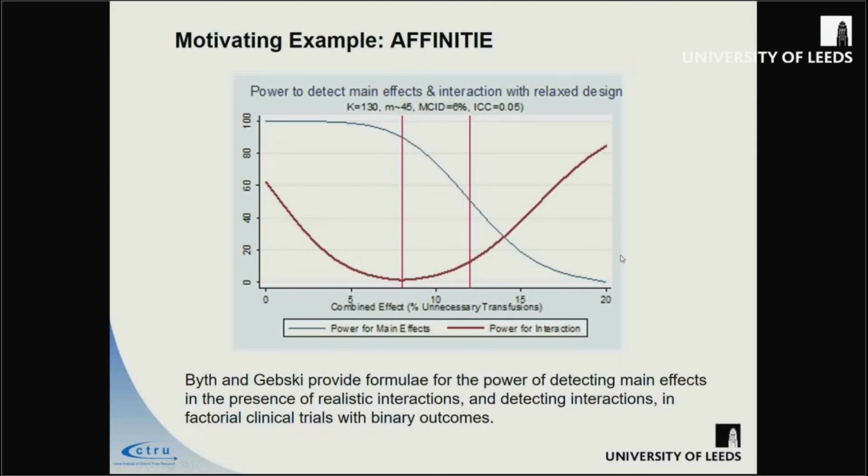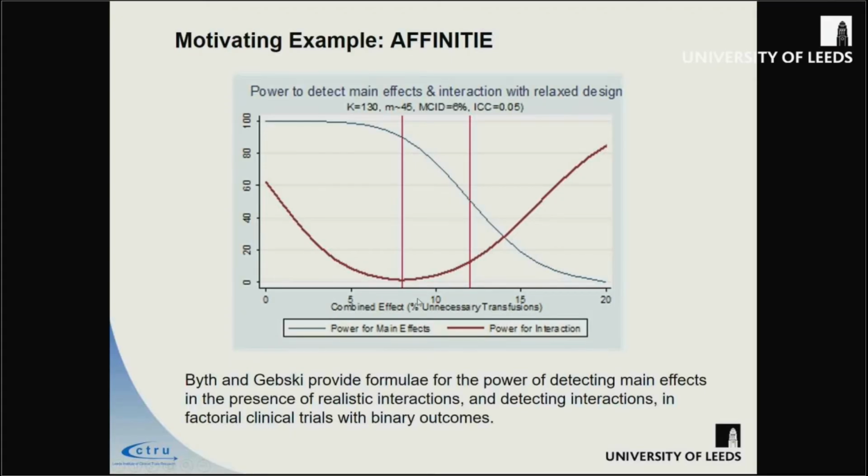So we framed it in terms of what the proportion of unnecessary transfusions was in the enhanced group, and if it was equal to 8%, there was no interaction, and that would mean we basically had very small power for the interaction because there wasn't one, and there would be 90% power for the main effects.